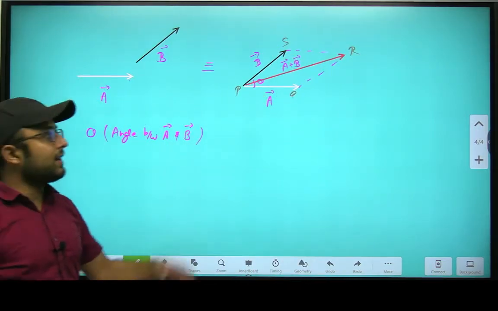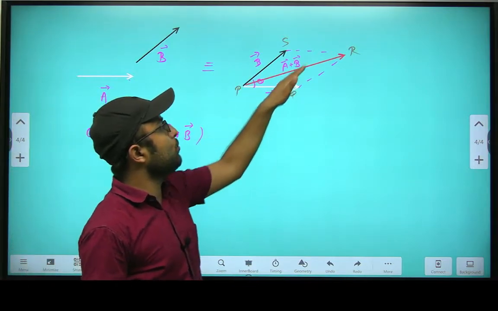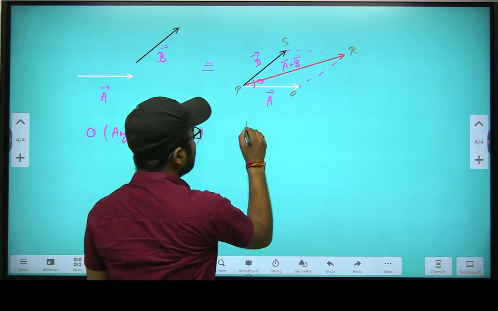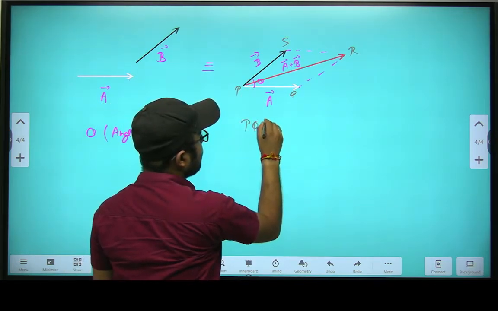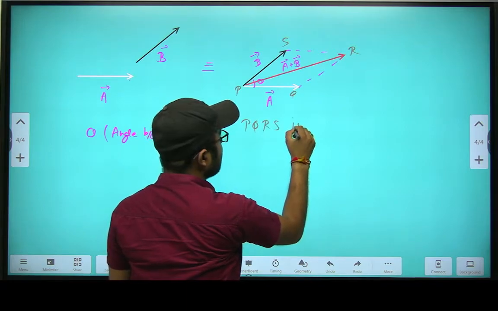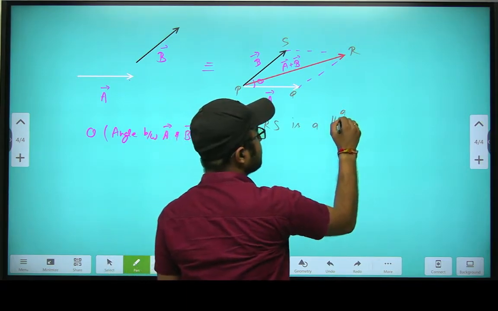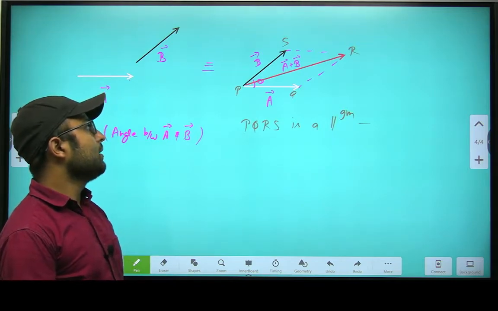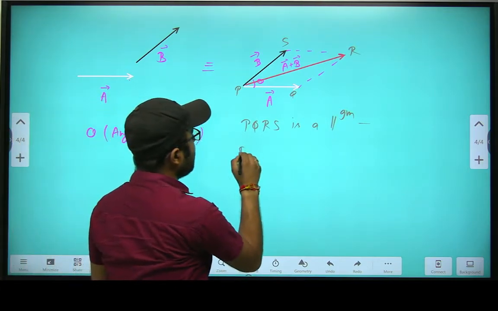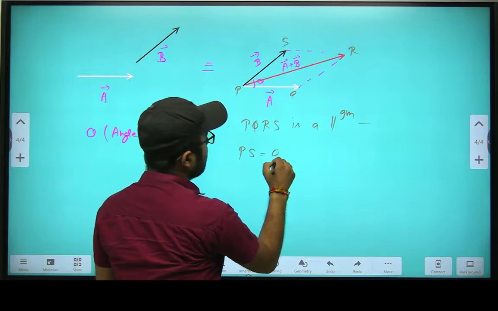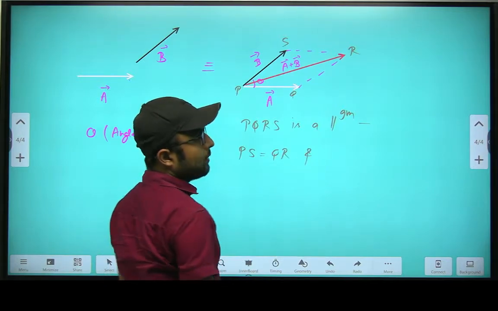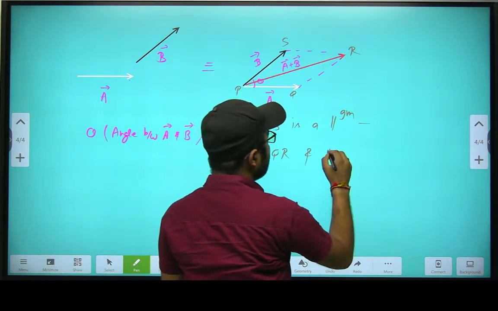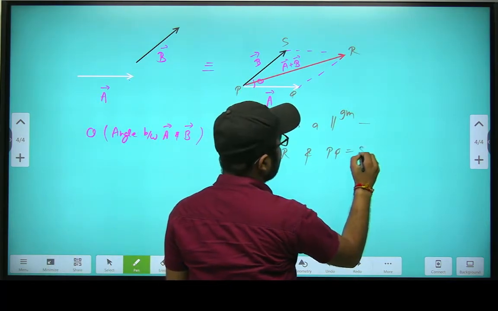Since PQRS is a parallelogram, we can say that side PS will be equal to side QR. A parallelogram has equal opposite sides, and PQ is equal to SR.